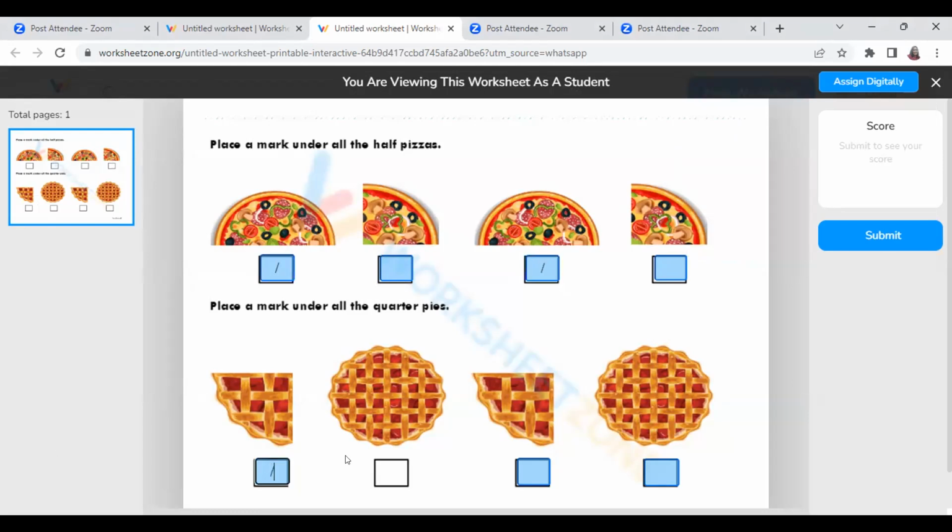So remember the instruction says to place a mark under the pizza that shows half and place a mark under the pie that shows quarter. Is that correct, boys and girls? Yes, miss. Good. Oh, the pies look nice. I think I'm going to get myself a slice of a quarter of a pizza later.